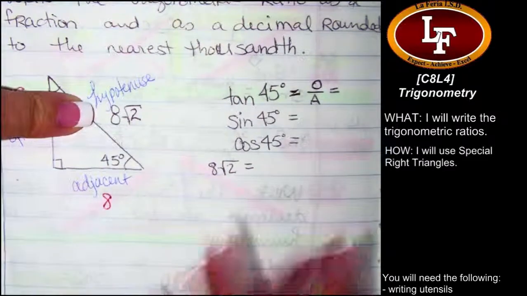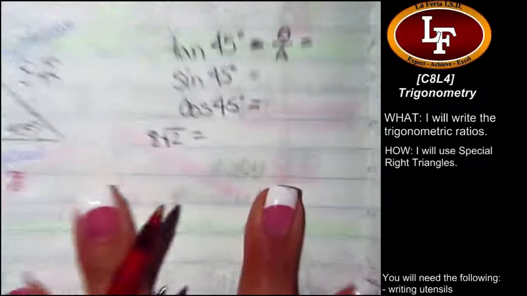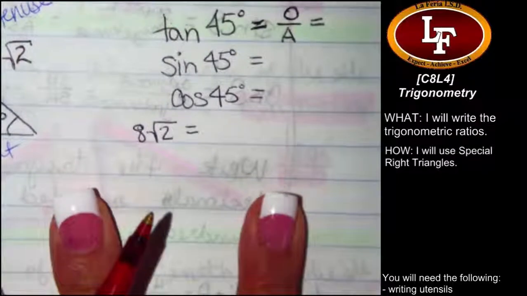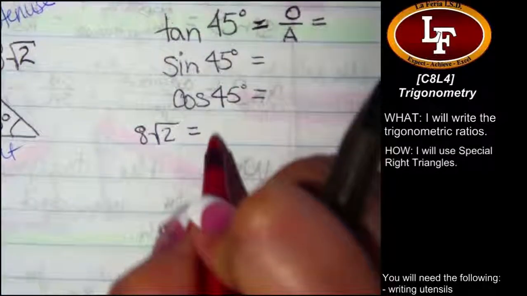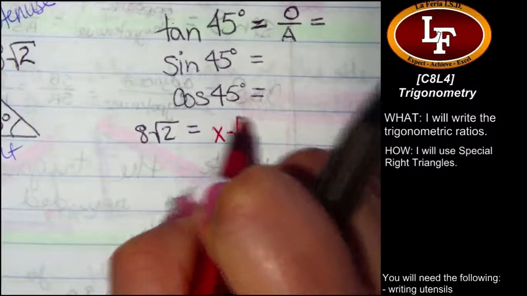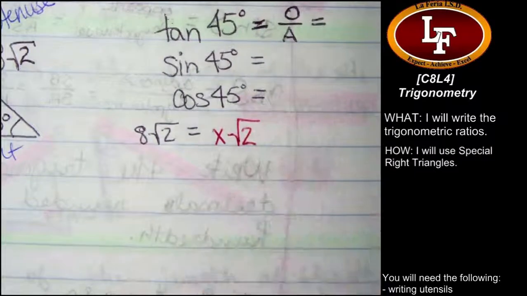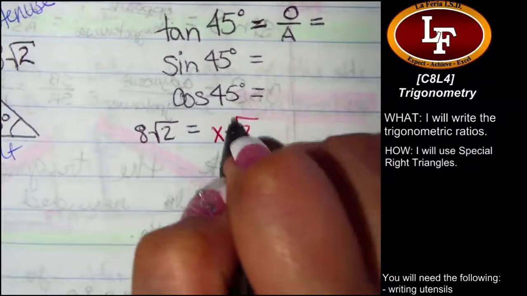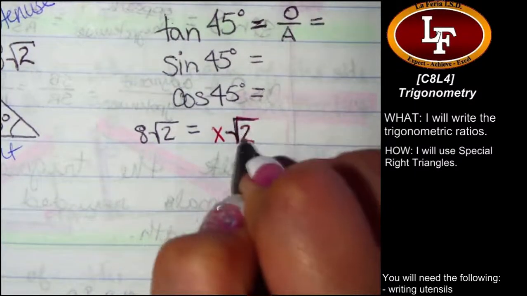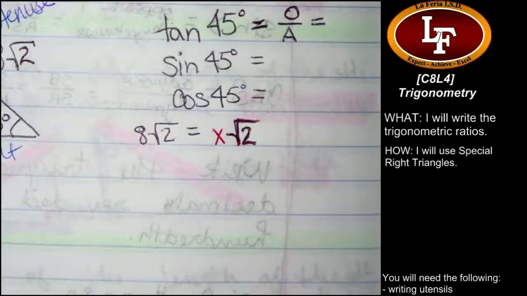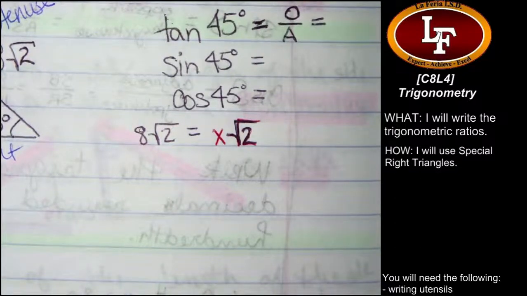But in my reference, in my little template over there, at the top of the page, I'm told that the hypotenuse is x times the square root of 2. And that x is playing the part of one of the legs measurements that I have in my triangle. And so this problem becomes a solve for x sort of thing, so that I can figure out what the length of the leg is.